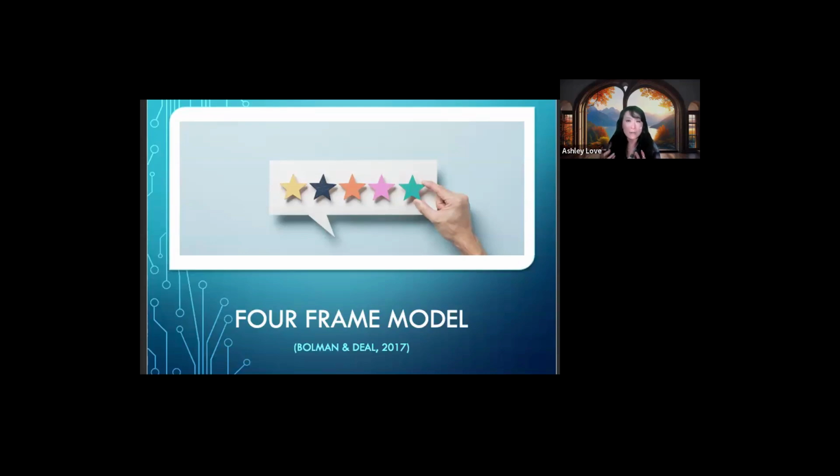And one of the things that you have to decipher is figuring out, especially, which concentration you're in. You will need to be well versed in your concentration to ensure that you're picking up the right theory and the right model, and you could do a combination. So this is the four frame model.